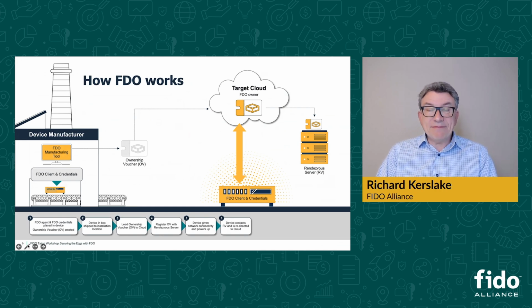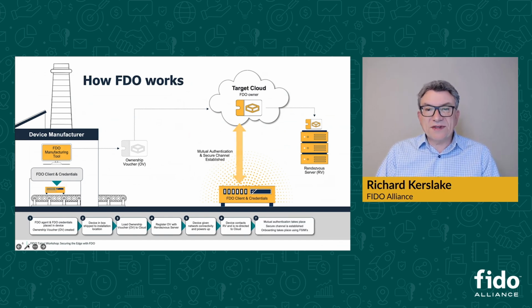The device then makes contact with its target cloud. It says, hey, this is me. I have my credentials here that prove who I am. The cloud in return says, hey, I have this ownership voucher and I can prove that I am your legitimate owner. So when we talk about zero trust architectures, in this case, we have zero trust in both directions because the device has to prove that it actually is the legitimate device and the cloud has to prove that it's the legitimate owner.